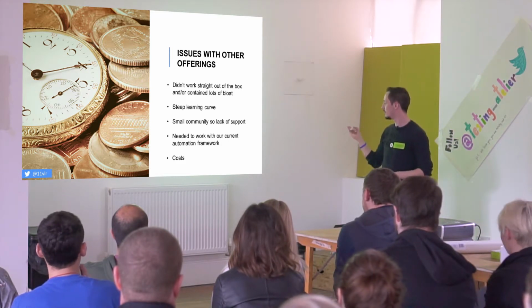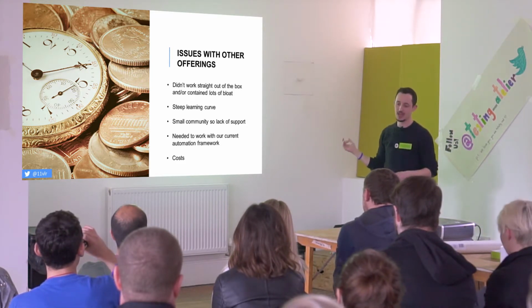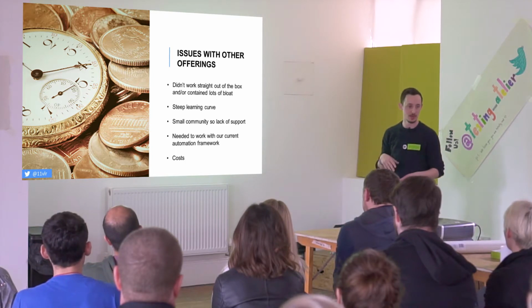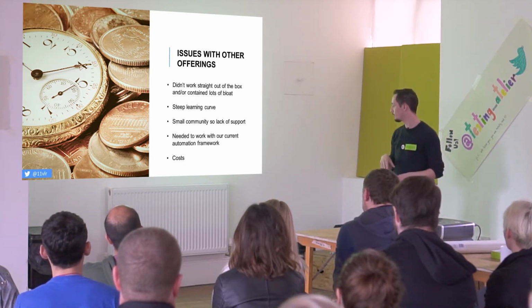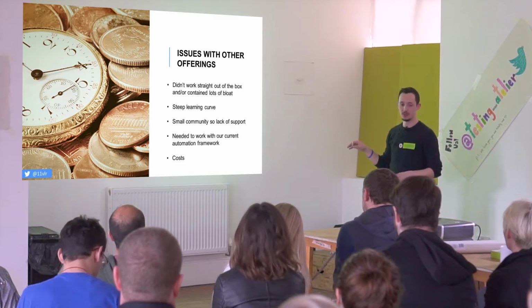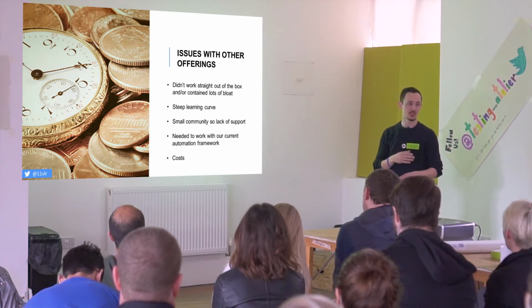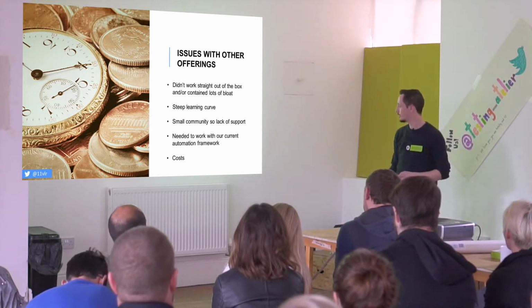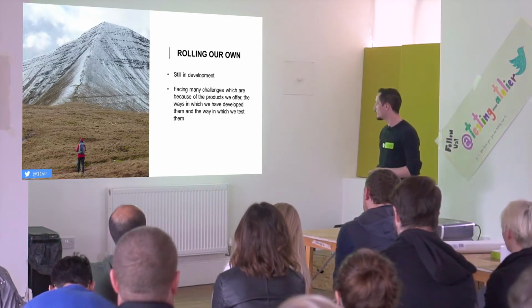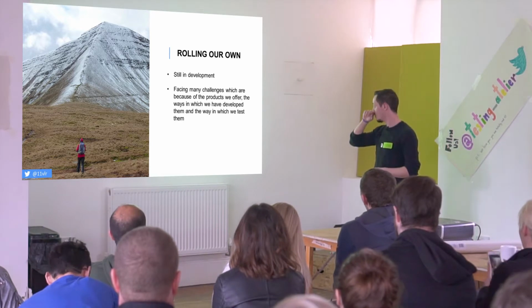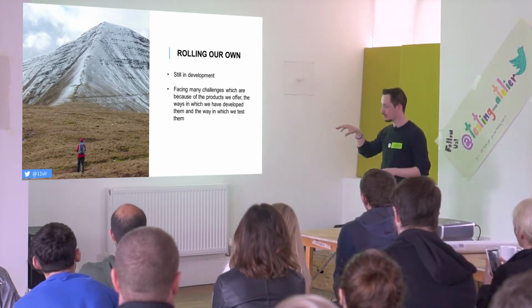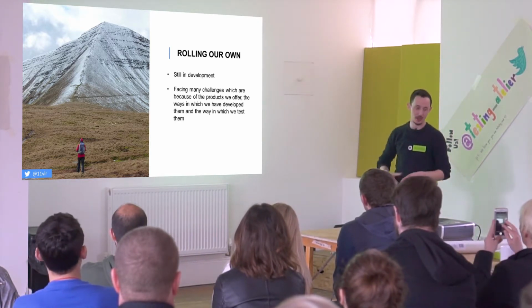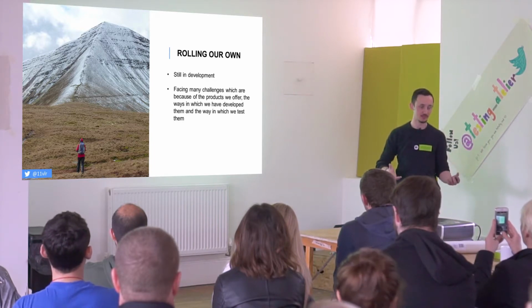They had small communities, so there would have been a lack of support for us, so we thought it'd be better to build it in-house, so we knew exactly what it was doing. And the costs as well, not only to buy something, but to actually get people on board and start using it and supporting it and extending it. So it's still in development. There's lots of challenges that we've had. Hopefully the things I'll discuss now you can apply to anything around visual testing.